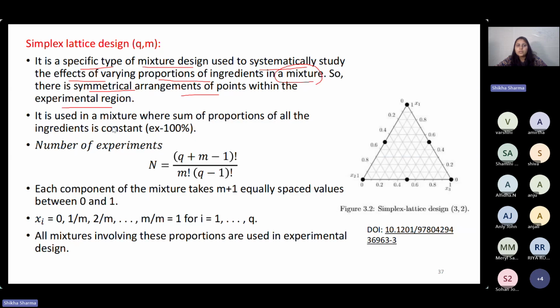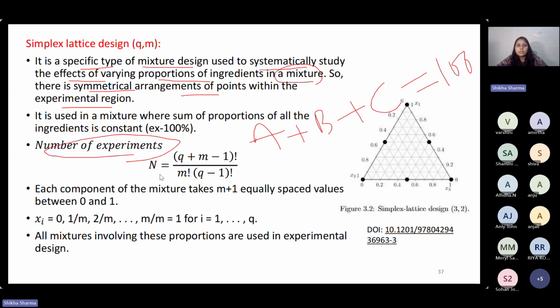It is used in a mixture where the sum of all the ingredients, like A plus B plus C, equals a constant, or sometimes 100. So the number of experiments when we do the simplex lattice design is n equals (q plus m minus 1) factorial divided by m factorial multiplied by (q minus 1) factorial.